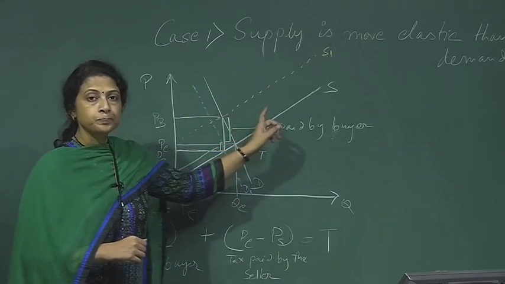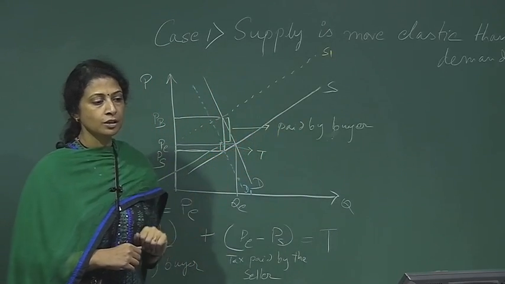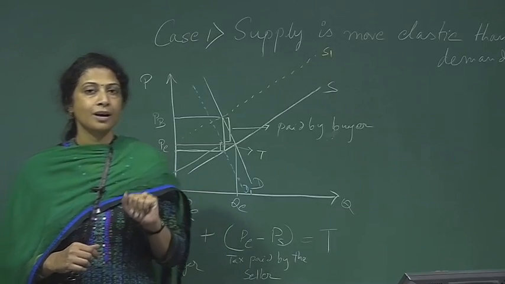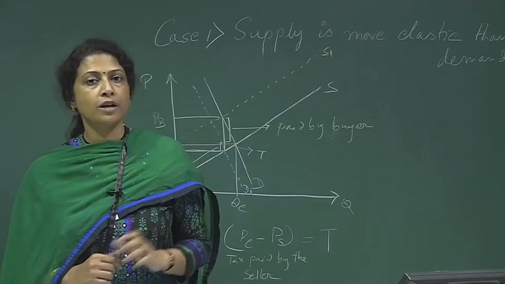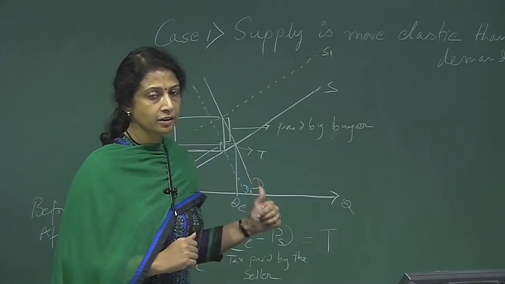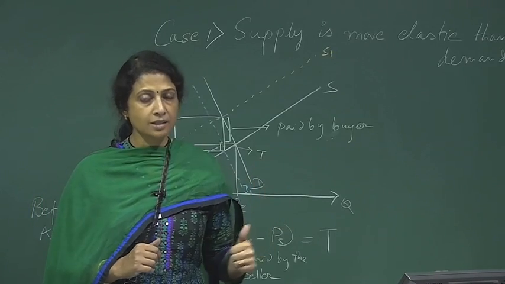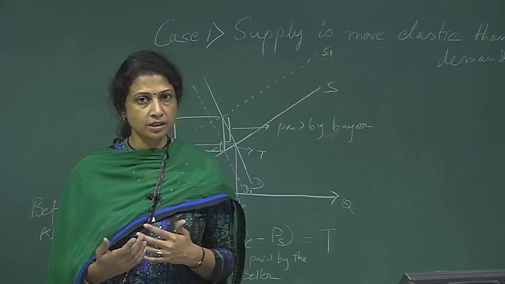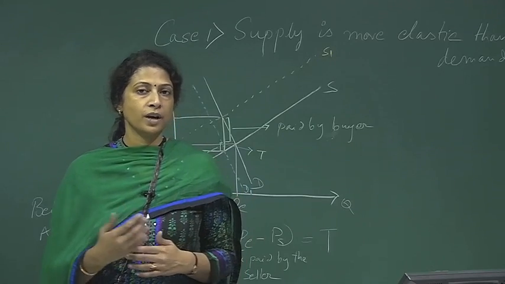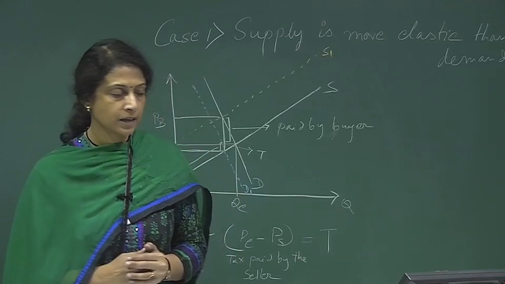So in that case, the supplier is more flexible, so he can manage to get away by bearing a lower part of the tax, and the buyer, who has a very inelastic demand curve and cannot change his consumption requirements so easily, has to bear the major part of the tax.